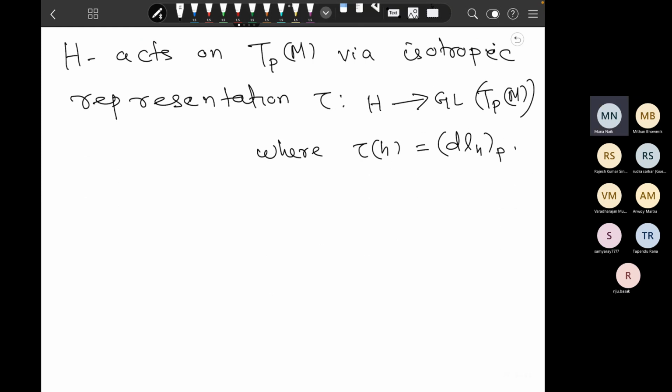Okay. So now similarly, what we have seen, suppose the action of G is transitive.